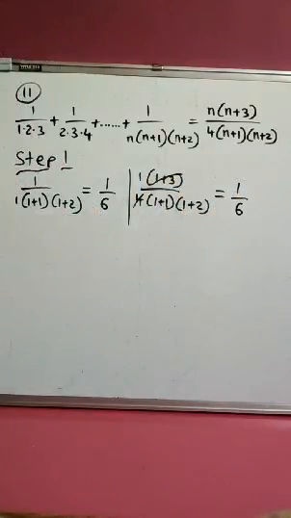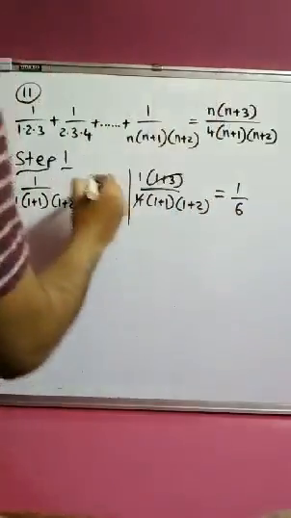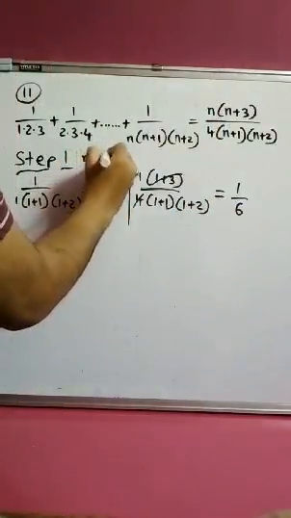Therefore P of 1 is true because both the answers are 1 by 6. This side also answer 1 by 6, this side also answer 1 by 6 when n equal to 1.